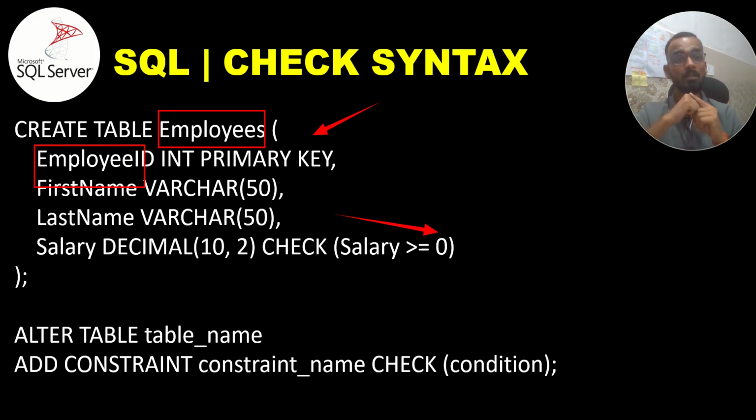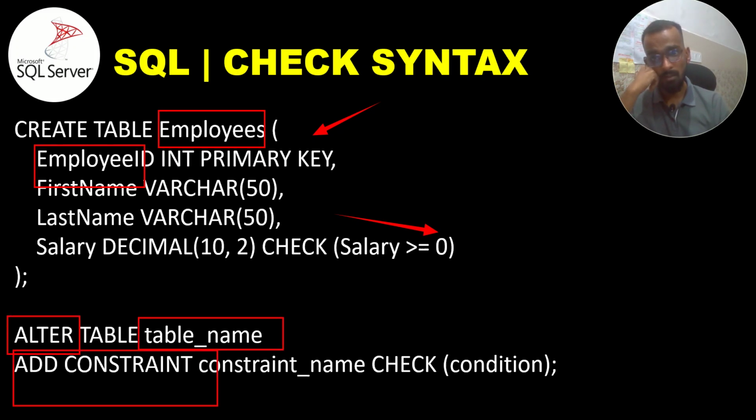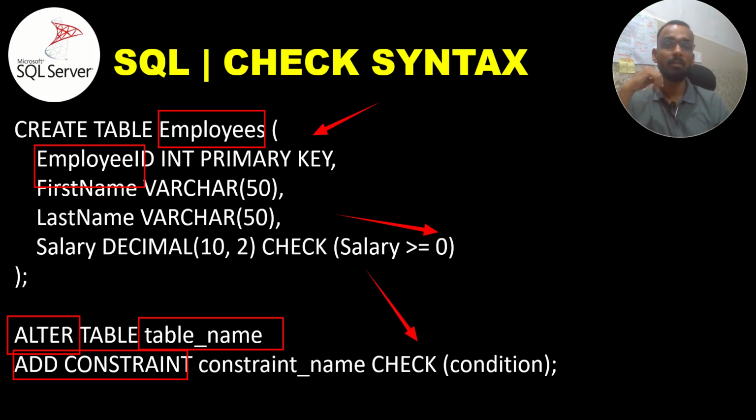It is also checking our condition, as we have learned in the previous slide. If you want to add a check constraint to an already existing table, you can use ALTER TABLE table name, ADD CONSTRAINT, and then the constraint, in this scenario check, so we can use this.